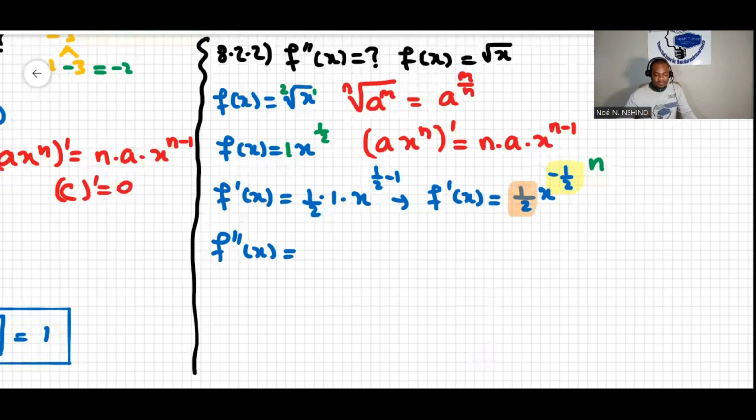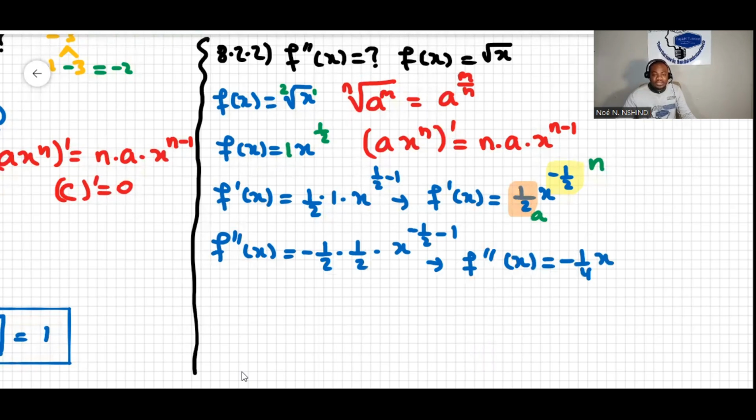So this will be n times a, which is negative a half times a half, times x to the power of n minus 1, which is negative a half minus 1. The second derivative of f will be equal to negative a half times a half, which makes negative a quarter, x, and then negative a half minus 1 is negative 3/2.